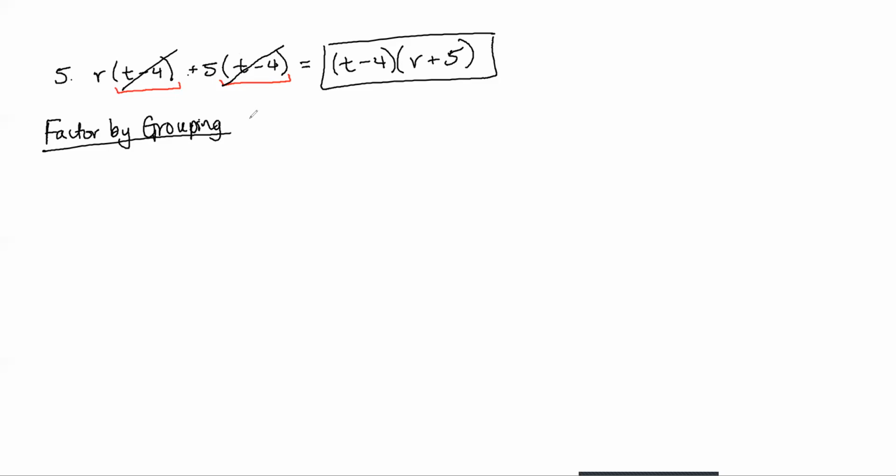Factor by grouping is something we're going to do when we have, I'm actually going to put this in red because this is really important, you're going to want to know when to use each type of factoring. So this one is when we have 4 terms. So let's go ahead and take a look at an example.